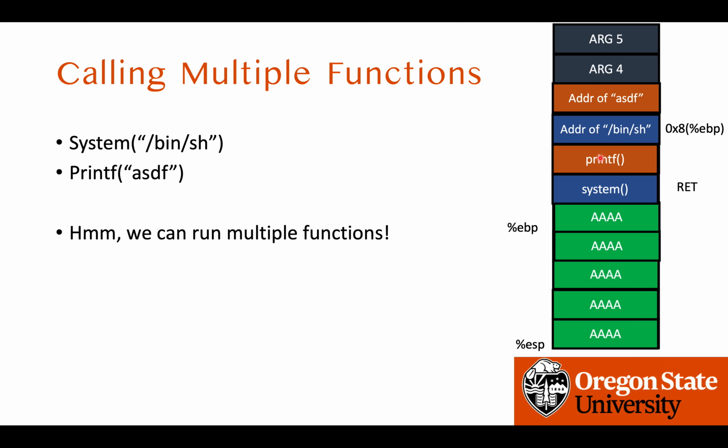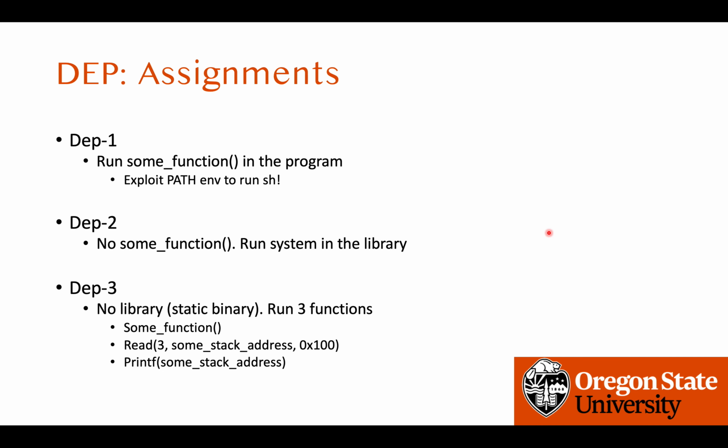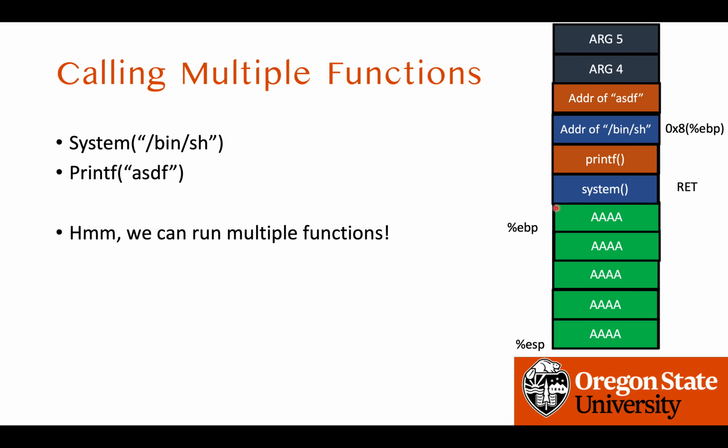For example, if we set stack like this, then it will leave, return to system, and then its first argument will be message, and then leave, return to printf, and then its first argument will be ASDF. So by composing the stack return address and argument, return address and argument like this, then we can chain and run multiple functions using one buffer overflow vulnerability.